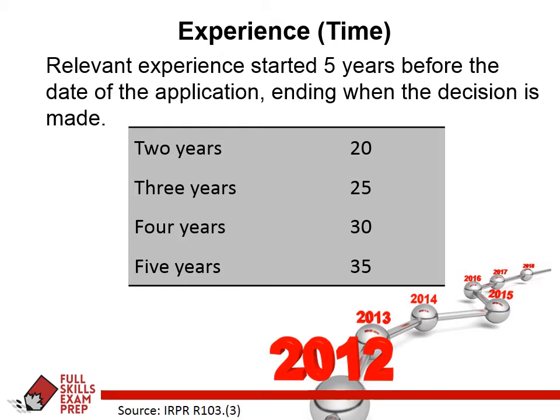All right, you have this chart as well in Regulation 103. And 2 years of experience is 20 points, 3 years is 25 points, 4 years is 30 points, and 5 years is 35 points, which is the maximum.